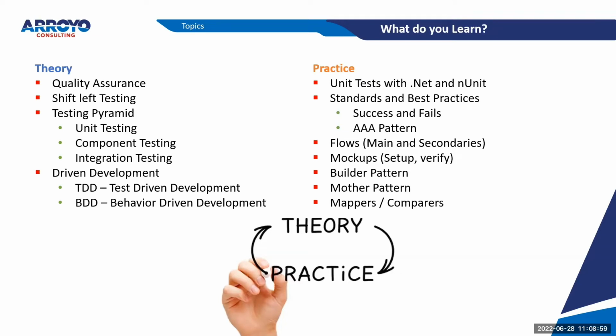We're going to see unit tests with .NET and NUnit, standards and best practices, success and fails, the AAA pattern, flows, main and secondaries, mockups, builder pattern, model pattern, mappers, and compares. The idea with this course is that you get most of the typical or common knowledge that you can get to do or start with unit testing.